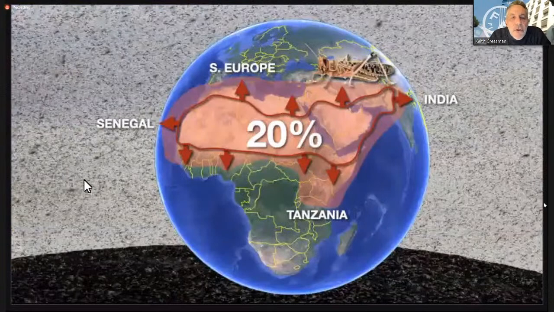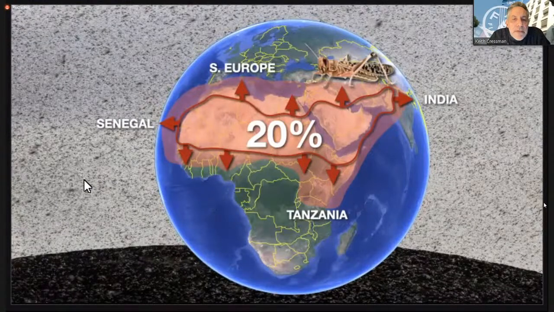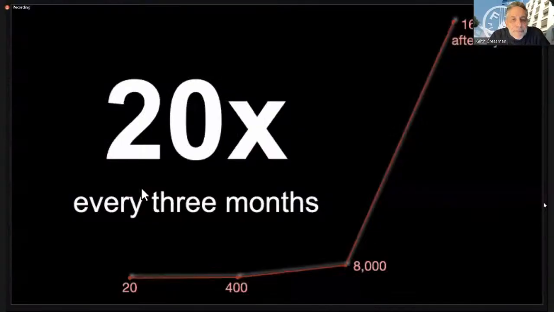This desert locust can infest up to 20% of the Earth's land surface, essentially spreading from West Africa to India and from Tanzania in East Africa north to Southern Europe. So this is a very big area, and it's mainly the desert.